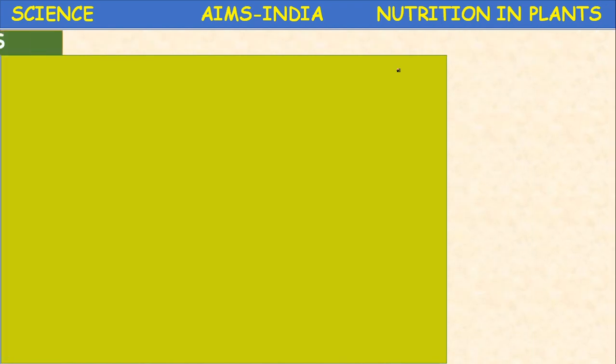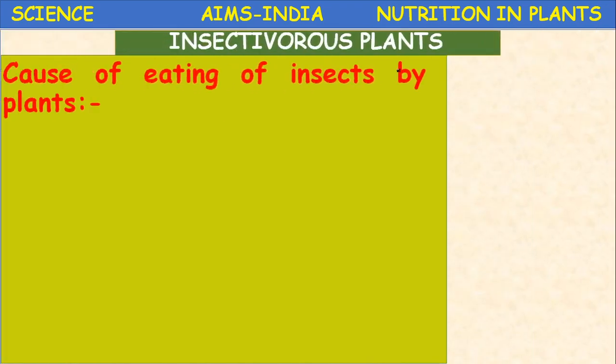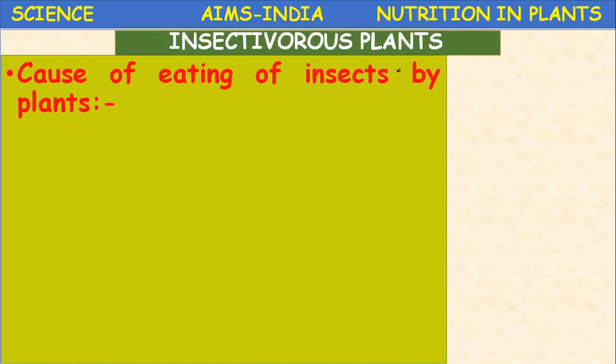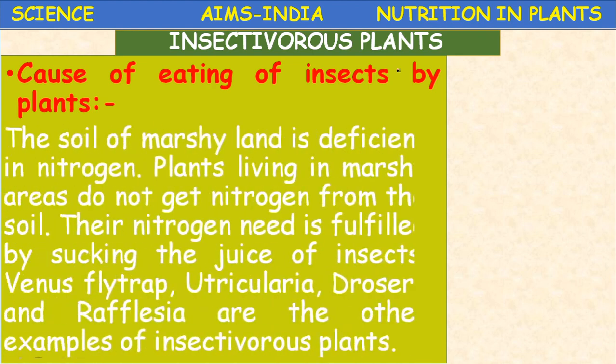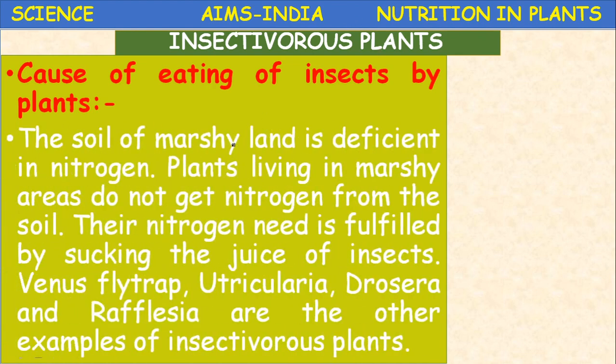Next, the cause of eating of insects by plants. The soil of marshy land is deficient in nitrogen. Plants living in marshy areas do not get nitrogen from the soil.